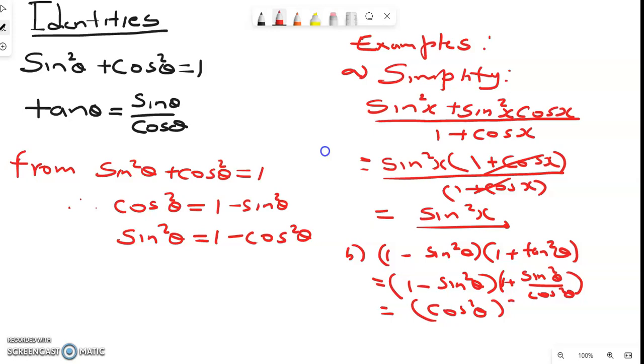Then on the second bracket, we can simplify by finding the common denominator.